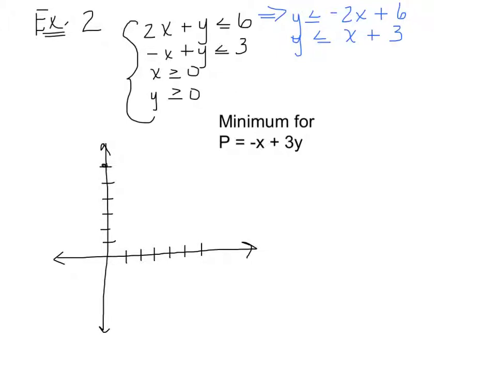The first one will start at 6, and my slope is -2. Then we would shade everything less than the line. I'm going to wait again to shade it. And my next one starts at 3, and this slope is 1.